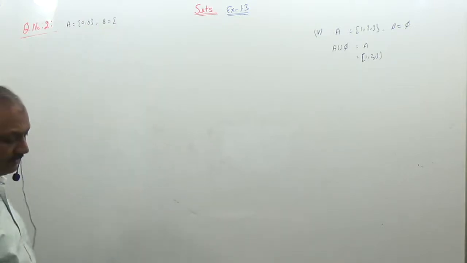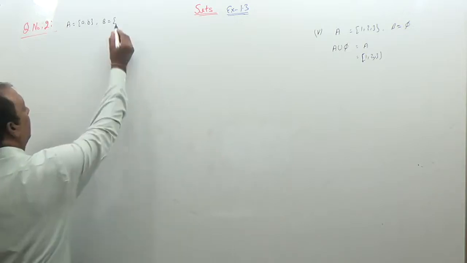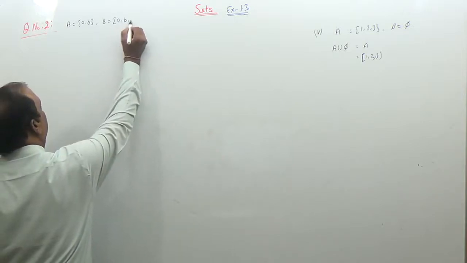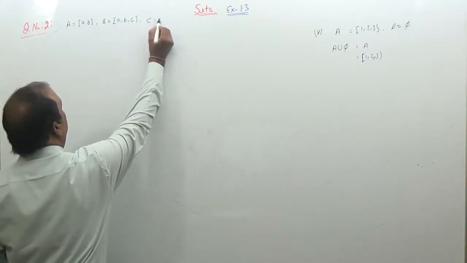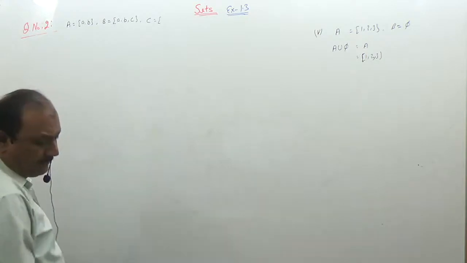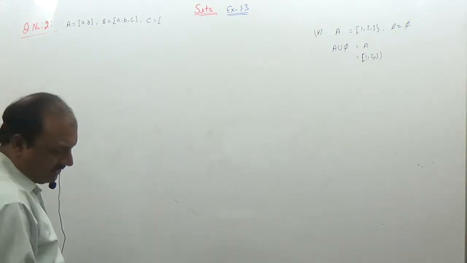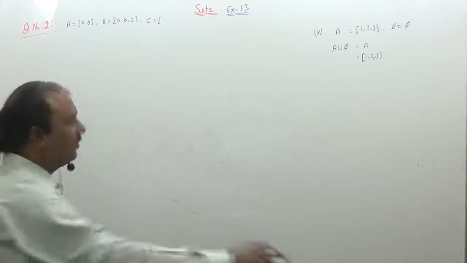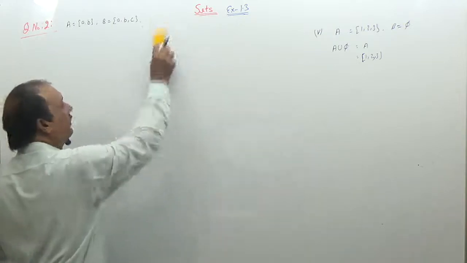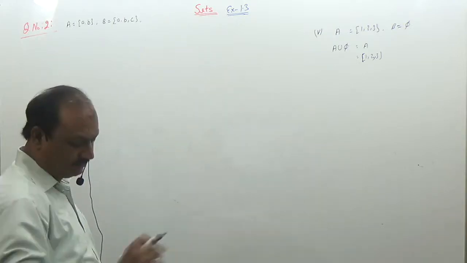Set B which contains 3 elements, a, b and c. There are only 2 sets, no set C.